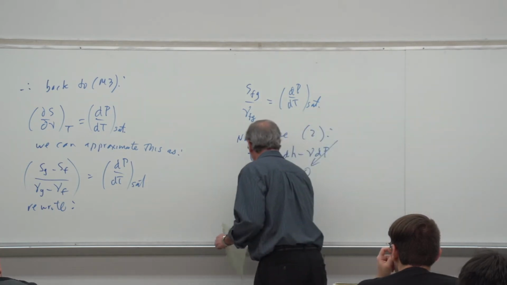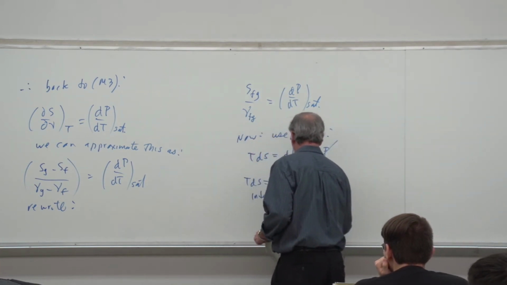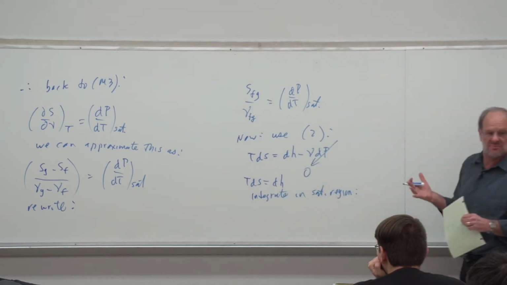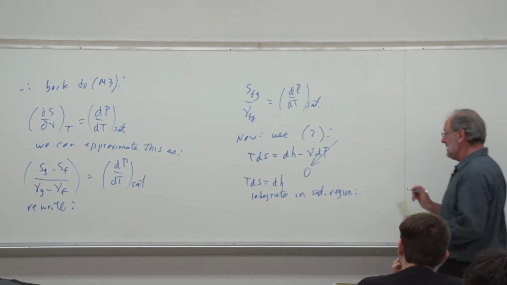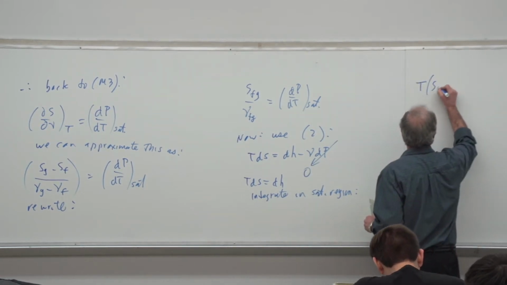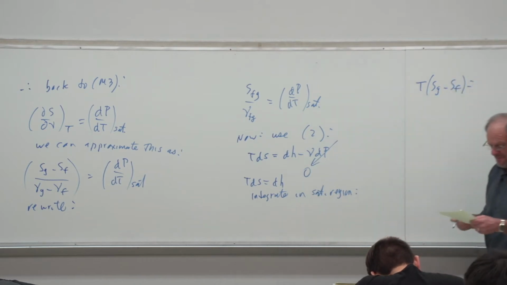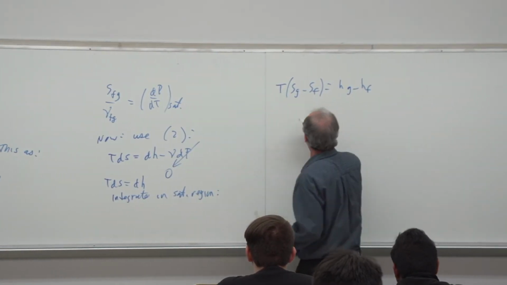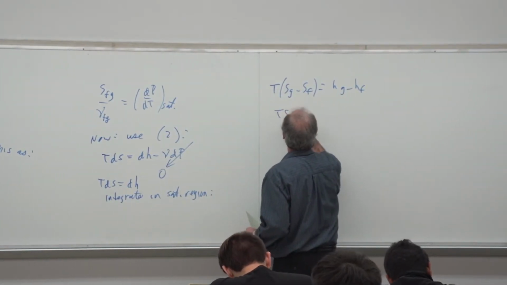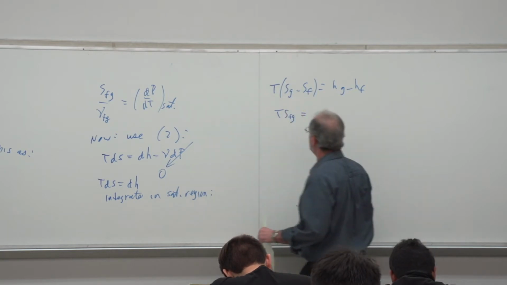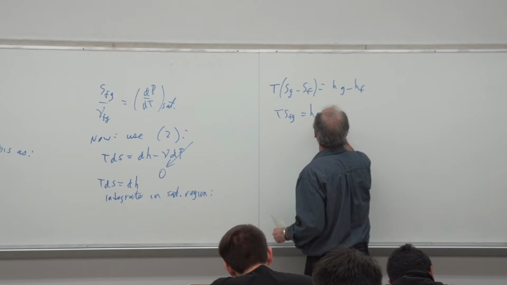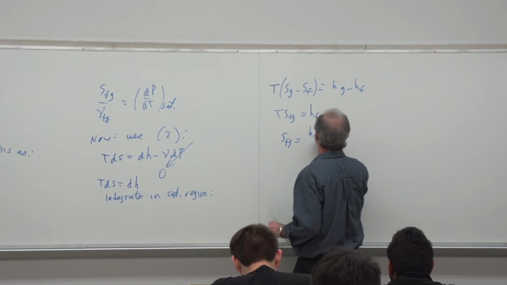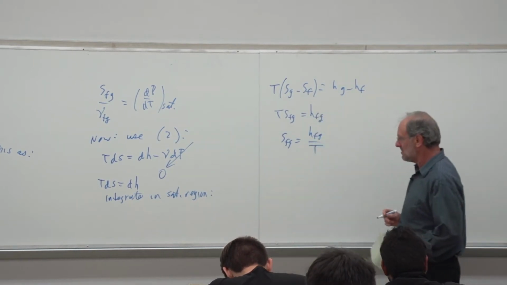Now, if we integrate in the saturation region again, and this would be from saturated liquid to saturated vapor, we would show this as T times Sg minus Sf, and this will equal Hg minus Hf. And this too can be rewritten. We know that Sg minus Sf is Sfg, and Hg minus Hf is Hfg. So basically we have now that Sfg equals Hfg over the temperature.